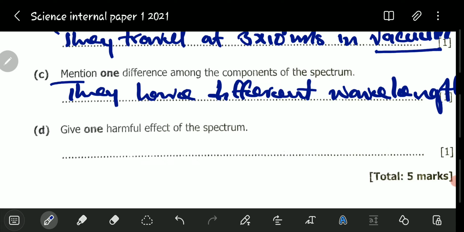So gamma rays and X-rays may cause mutation, or we may say prolonged exposure may cause skin cancer, because they're coming from outside. Those are the harmful effects of these components of the spectrum.